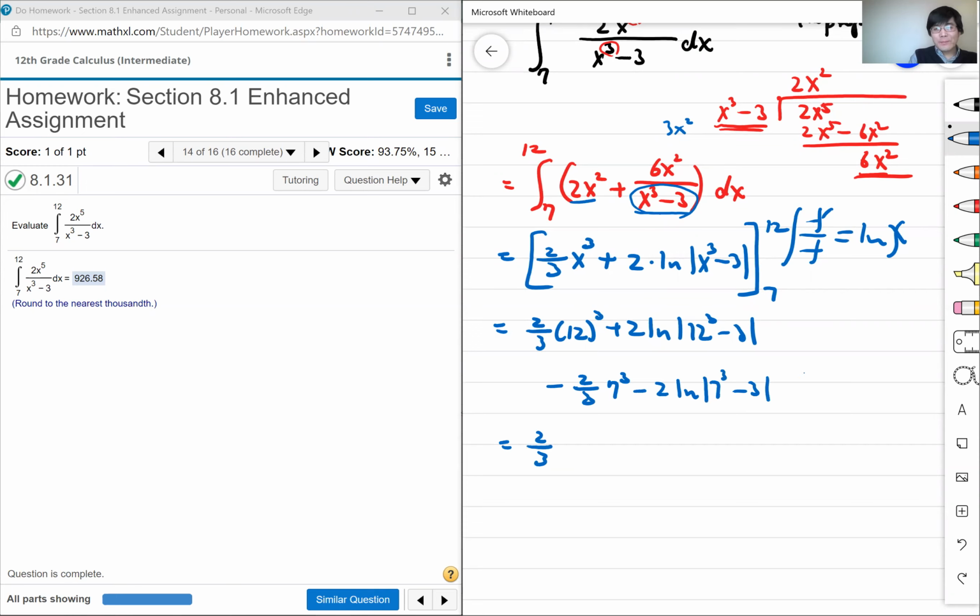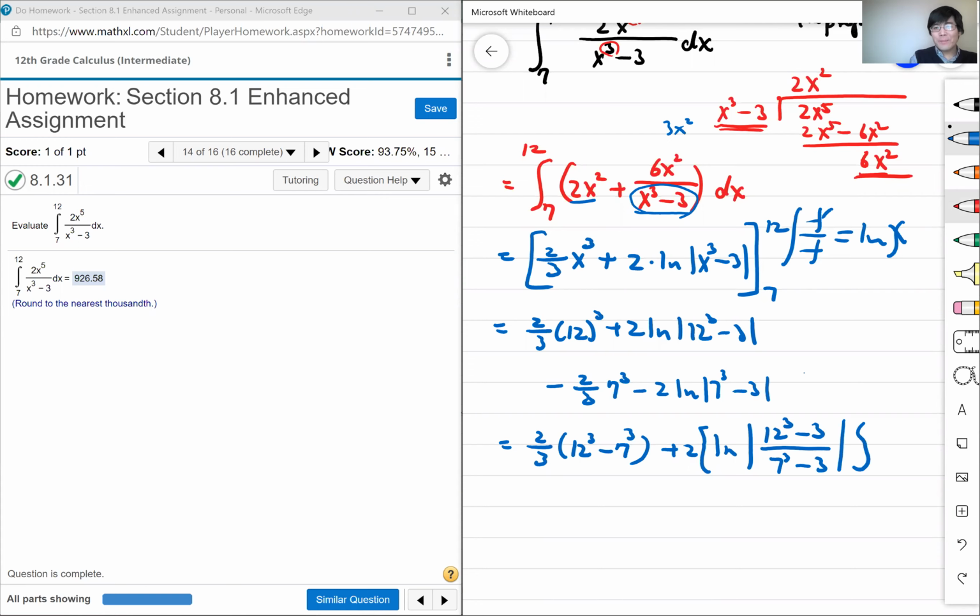So let's combine this part as 2/3 times this. And the second part is ln of 12 cubed minus 3 over 7 cubed minus 3.